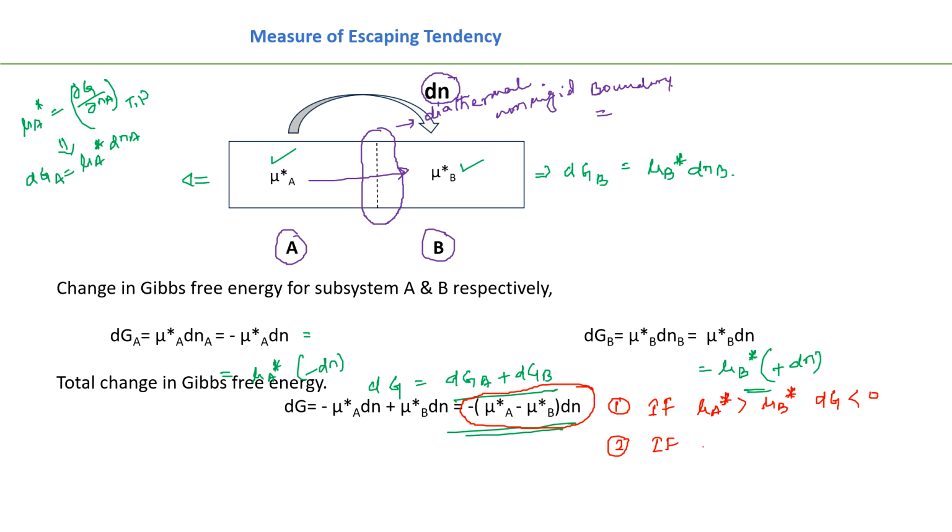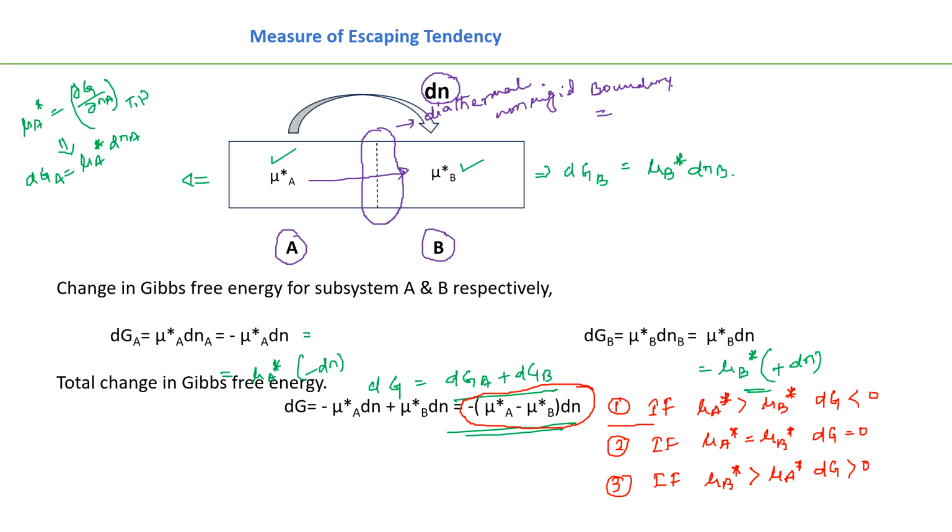Conclusion number two: if mu A star equals mu B star, then dG is 0. That means the two systems will be in the equilibrium state. If mu B star is greater than mu A star, then dG is greater than 0. That means the transfer will be non-spontaneous, that is, the opposite process will be non-spontaneous.